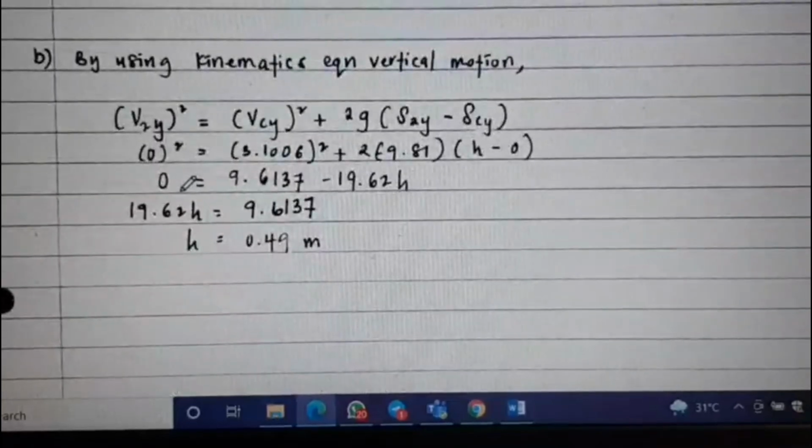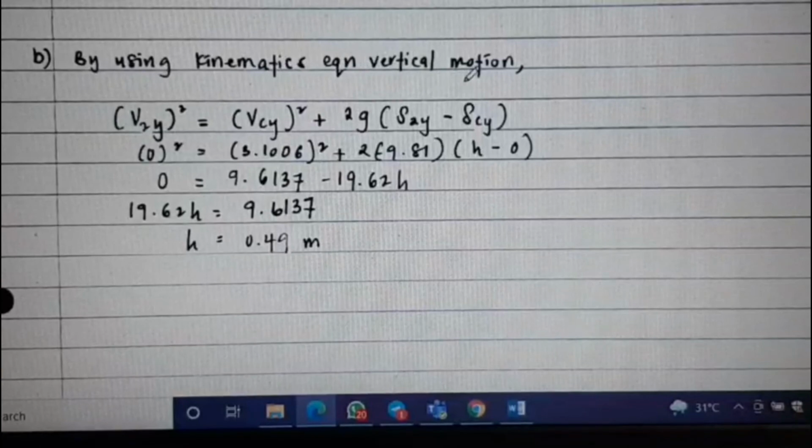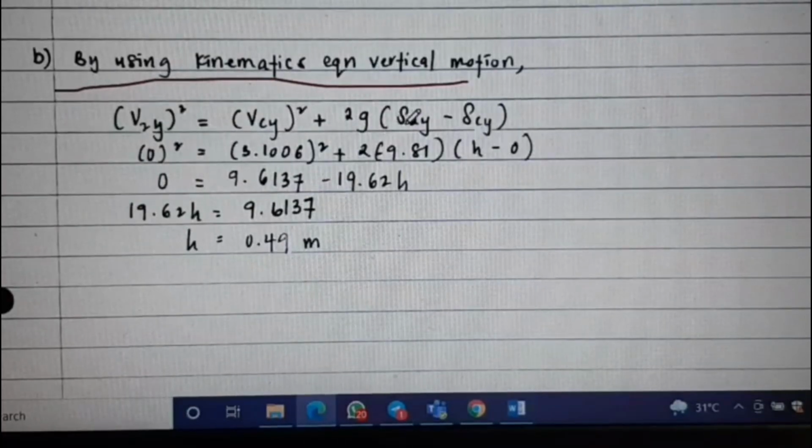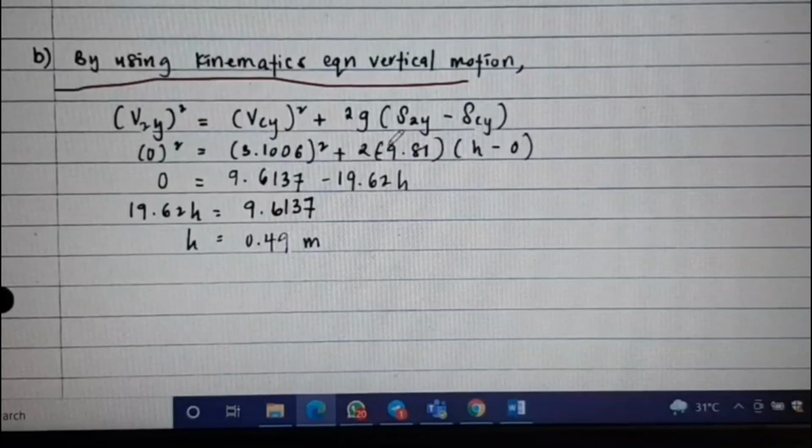For question B, the question asks to compute the maximum height to which the object rises after the first bounce. By using the kinematics equation for vertical motion, which is v2y squared equals vcy squared plus 2g times s2y minus scy.